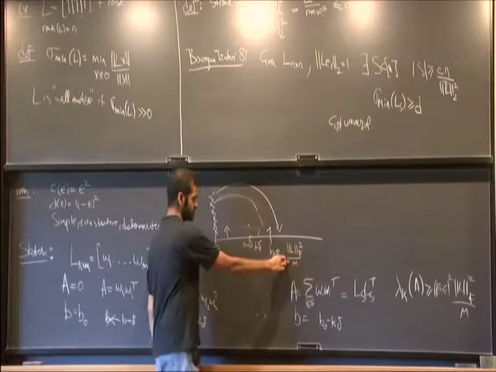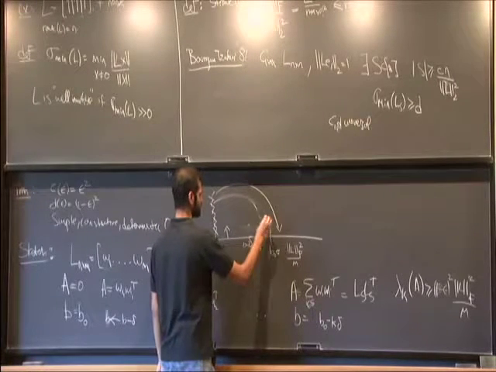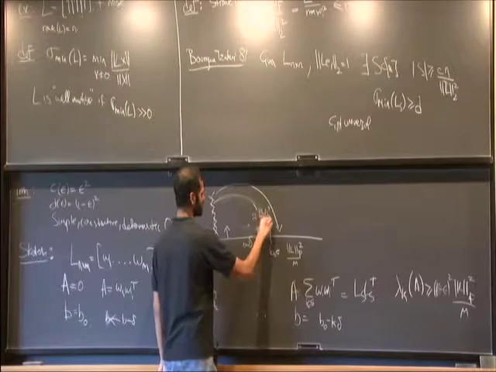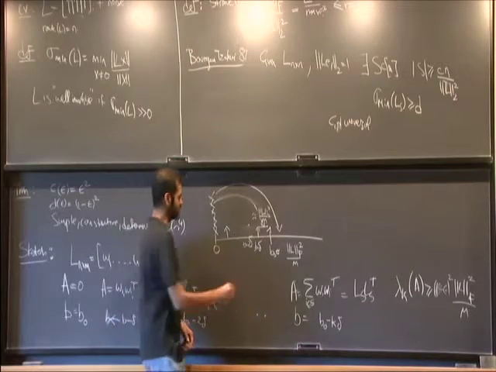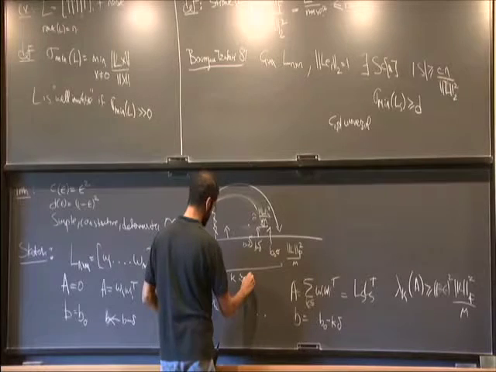This is the average length. The step size is going to be roughly equal to the 2 norm of L squared divided by the length.